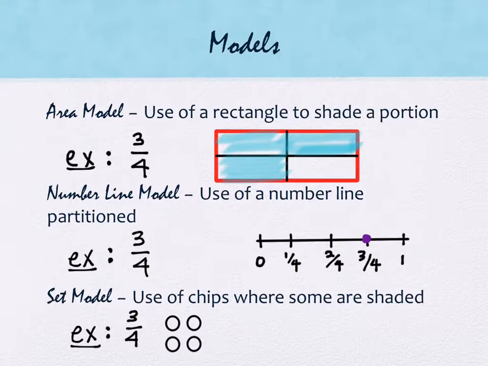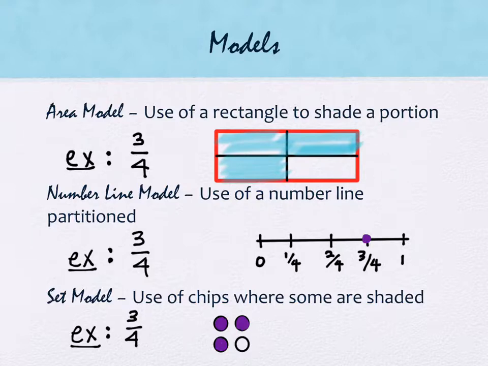Sometimes with copy paste, I just do better to just draw them. All right, so there's 4 chips, and then we would shade in 3 of them for 3/4. So here's 1, 2, and 3. So 3 of the 4 chips are shaded in.